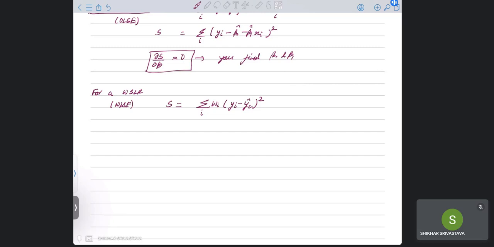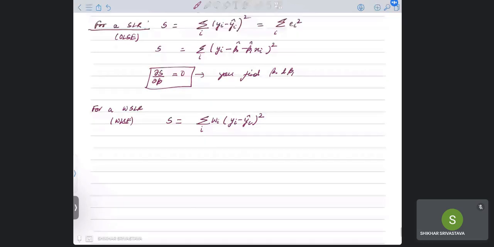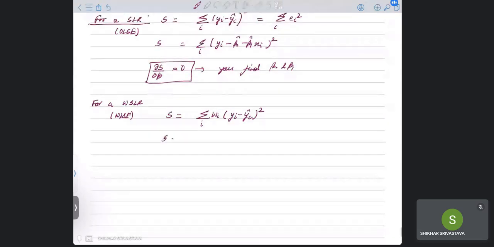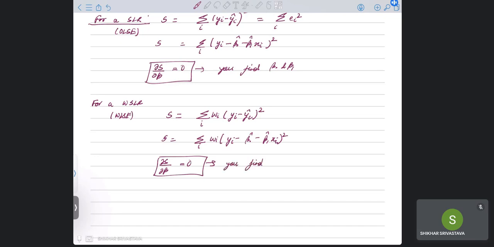So your function gets modified, and now you minimize it: you take the derivative and you estimate your regression coefficients.